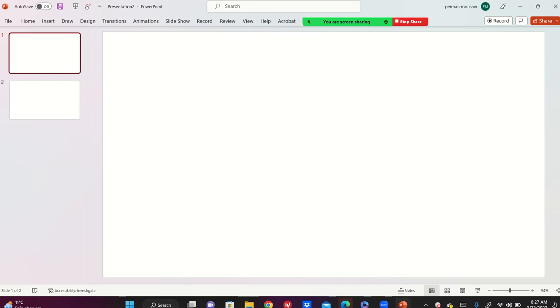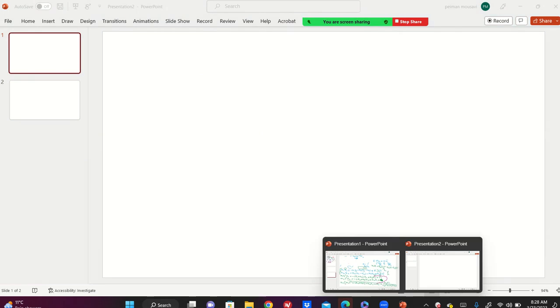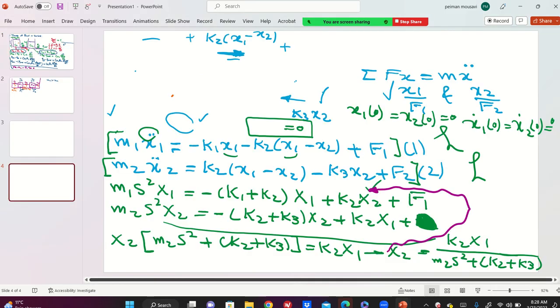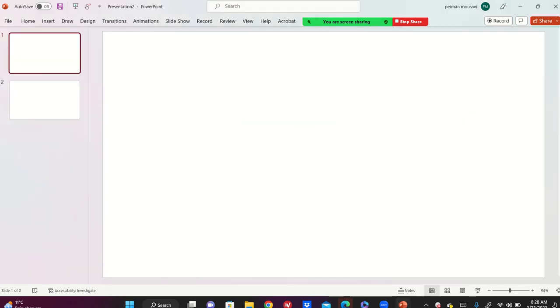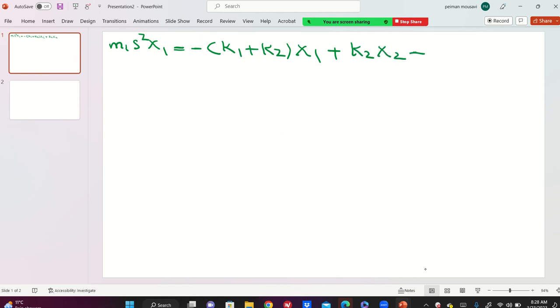So from the previous one, can you please read this for me, guys? Any of you? This line, this line. Can you read for me? M1 s square x1 was equal to how much? K1 plus K2 times x1 plus K2 x2 plus f1.